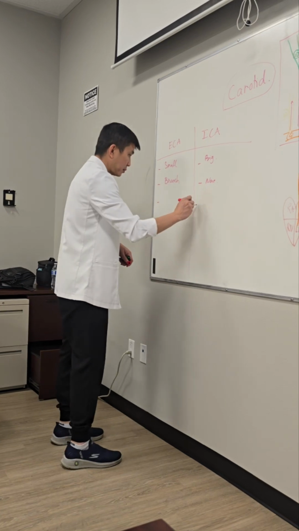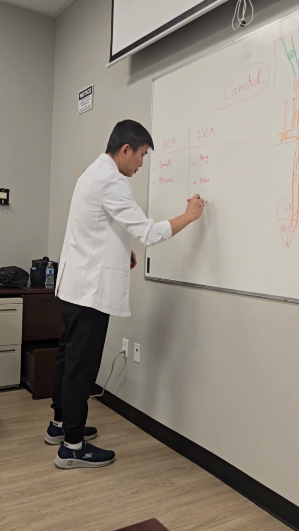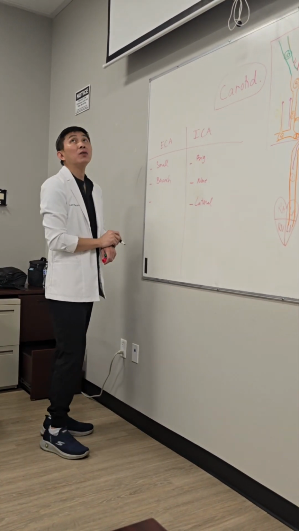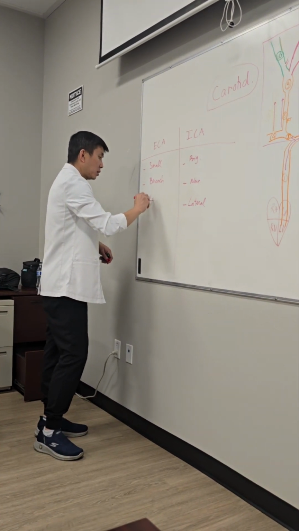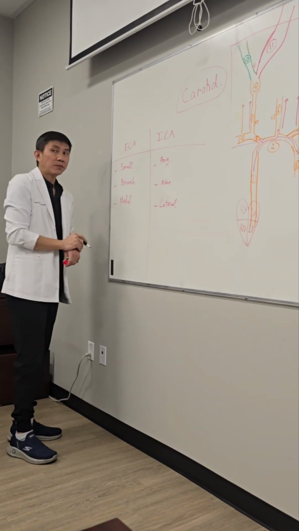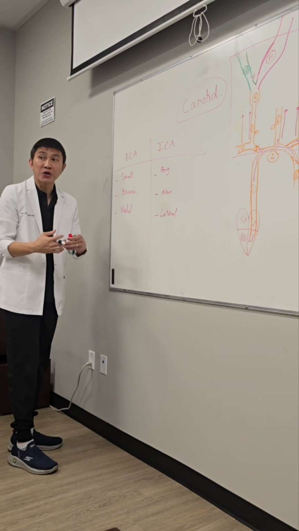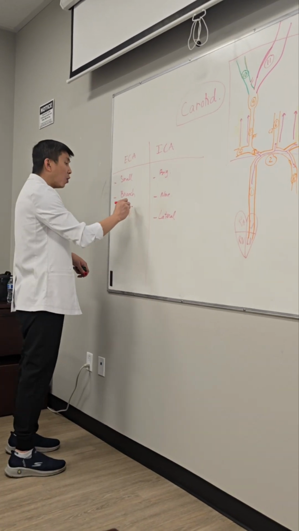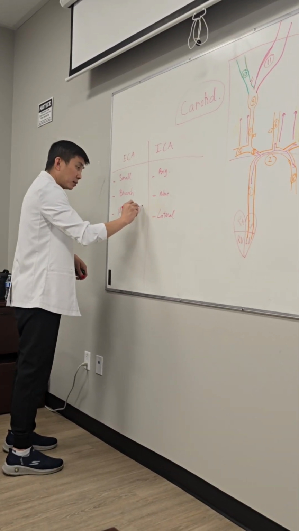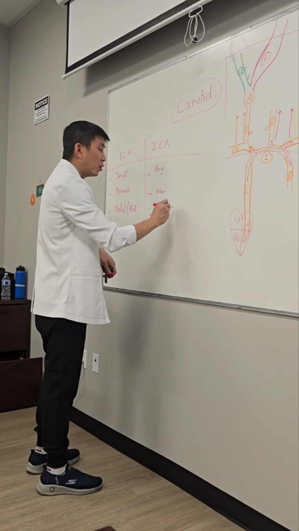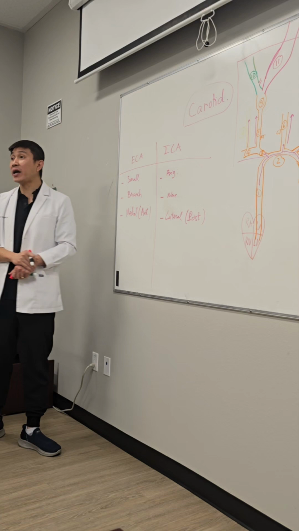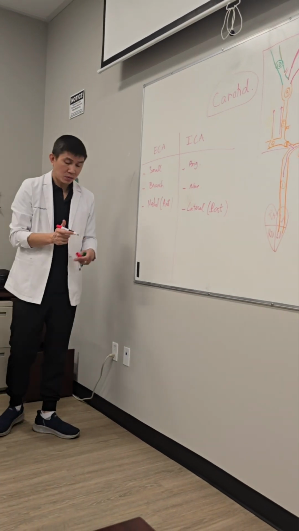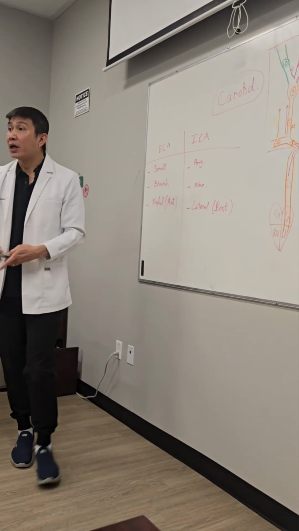ICA. Which one is medial? ECA. But we need to put in the real anatomy too, right? So medial but anterior, lateral but posterior. Make sense?